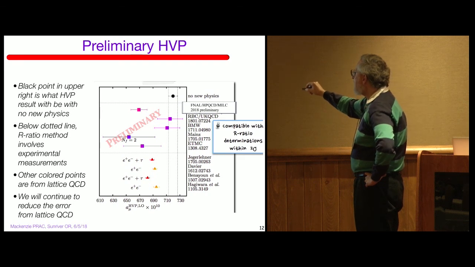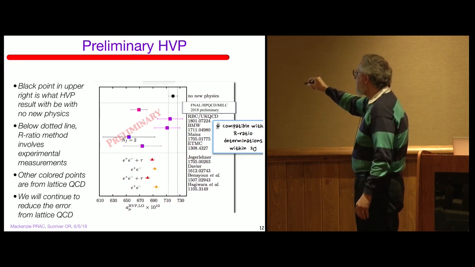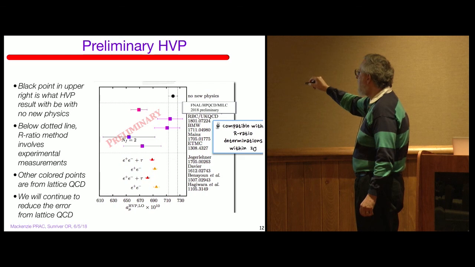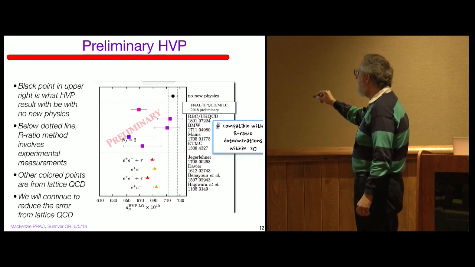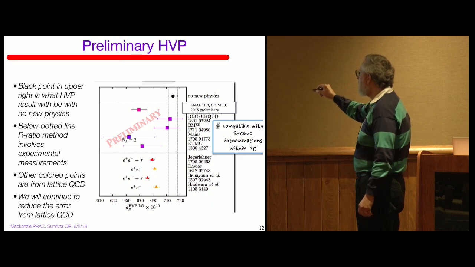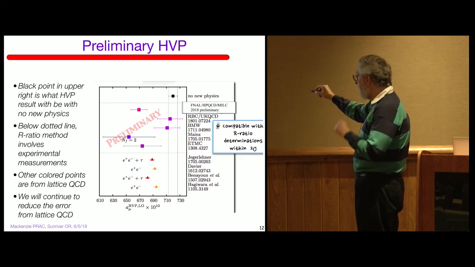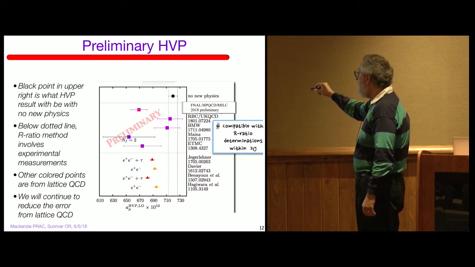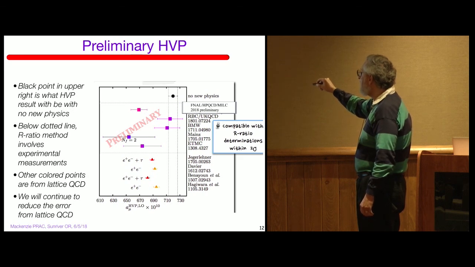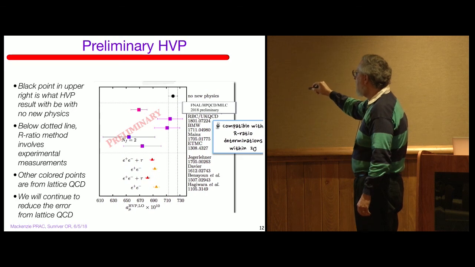These calculations are based not on pure theory, but on looking at experimental data for e+ e- annihilating into strongly interacting particles, and then using that to calculate hadronic vacuum polarization. You see there's a bit of a spread that might give you pause as to whether they really understand their errors as well as they think.